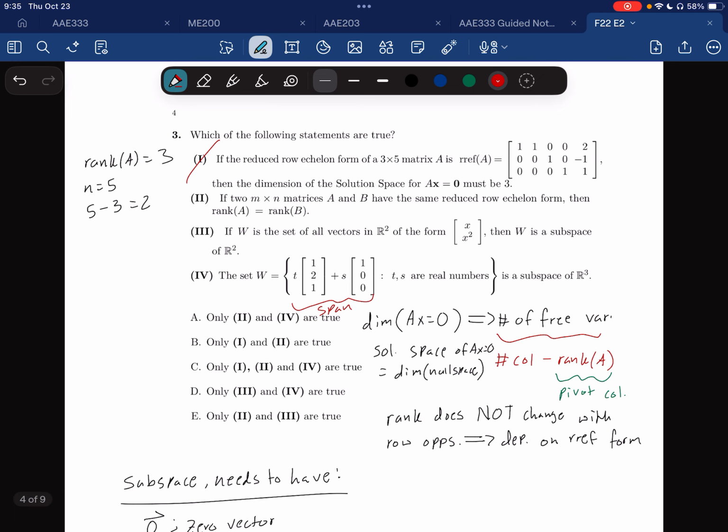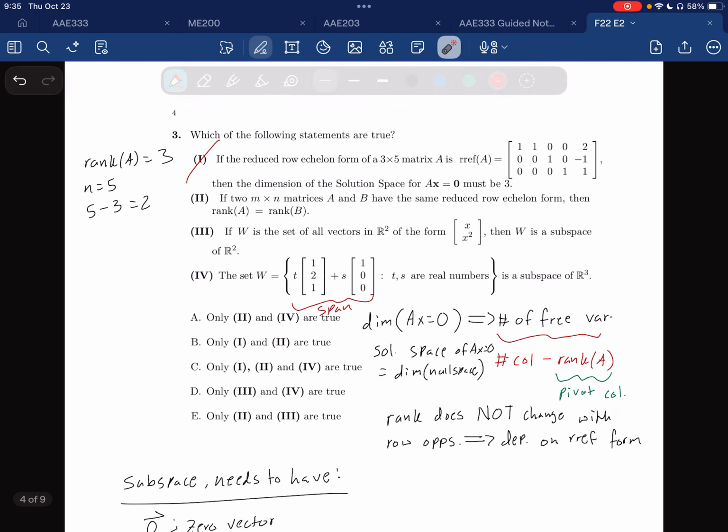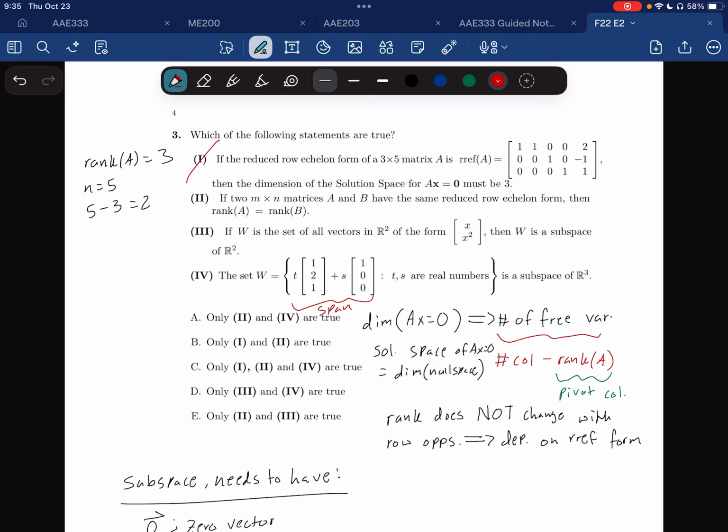If the REF of A and B are the same, that means they have the same pivot columns, so rank A is equal to rank B. Pivot columns are completely dependent on the REF, so if the REF is the same, the pivot columns are the same, and therefore rank A is also the same. So two is true.